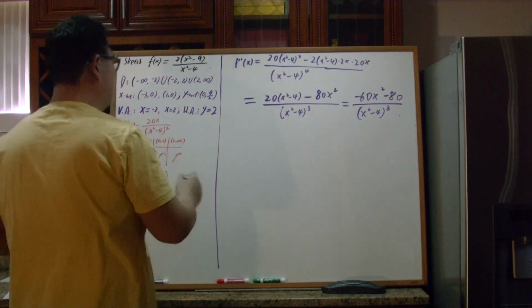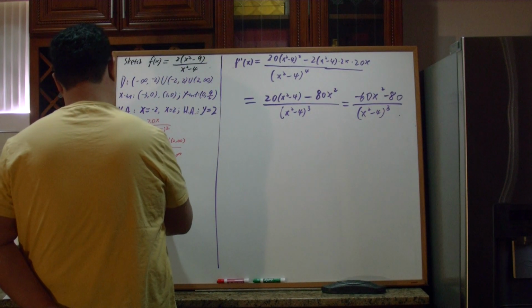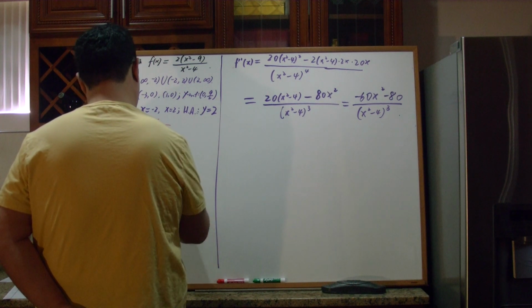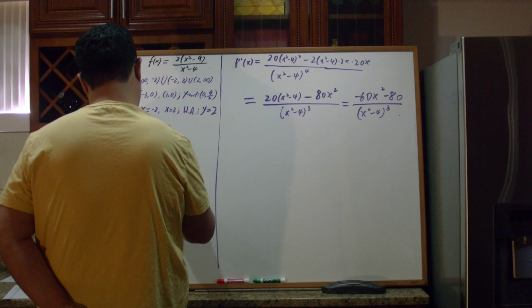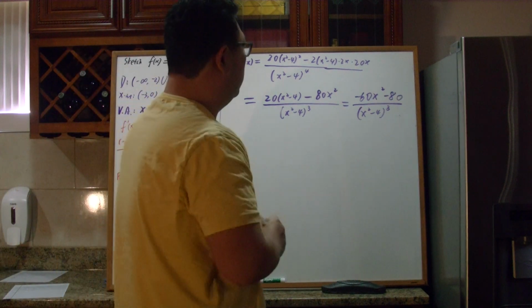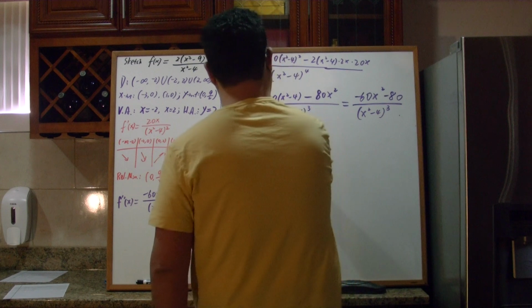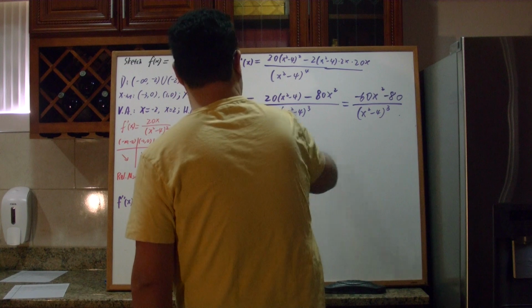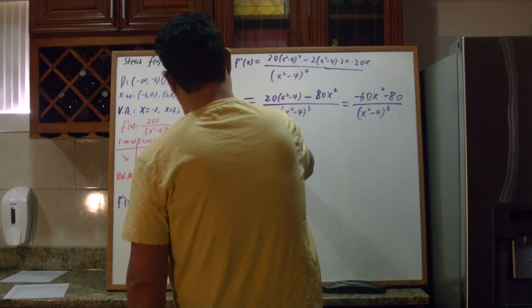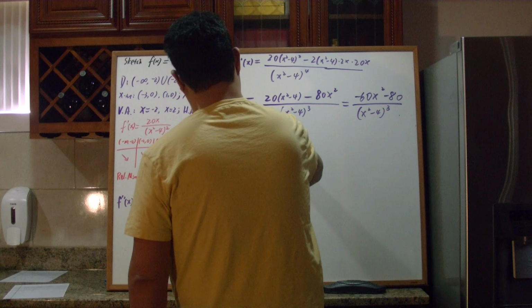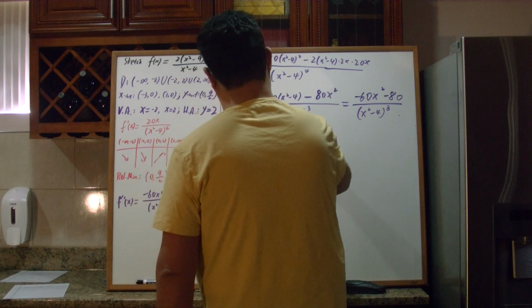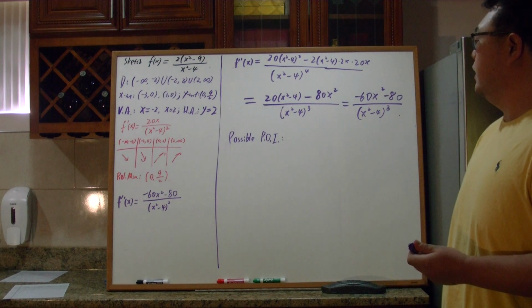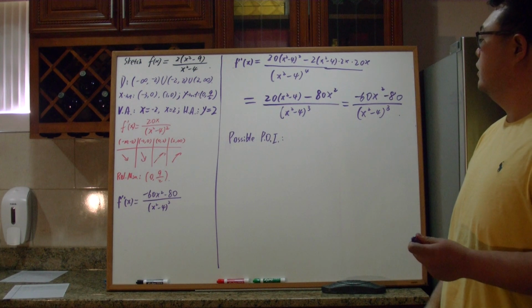So for f double prime, which is this shape, we can see that the numerator is all negative. That will find the possible point of inflection and then follow.